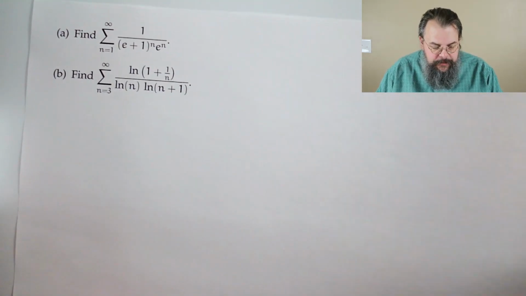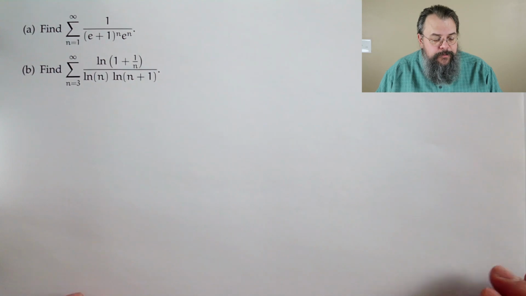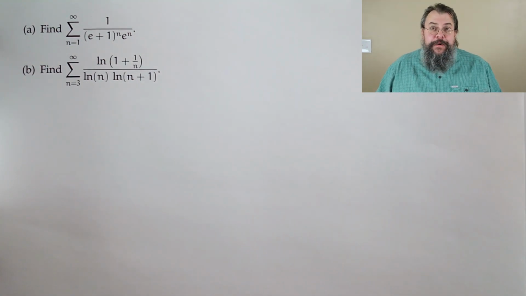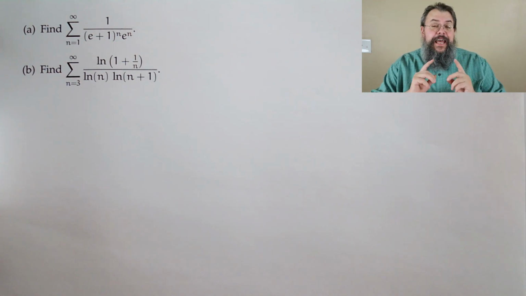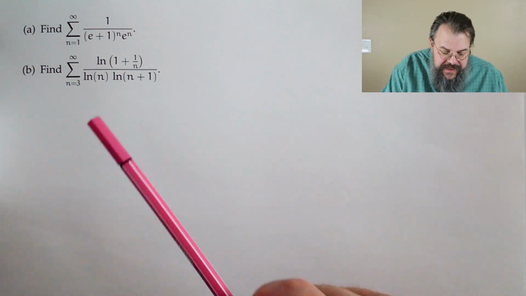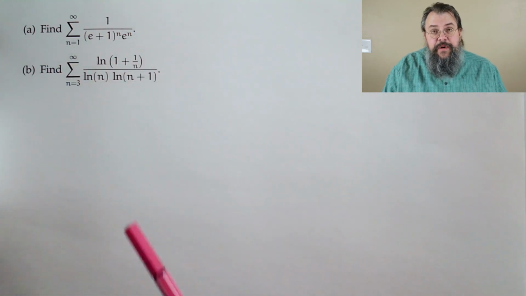Okay, well, let's take a look at the next one. Find the sum from 1 to infinity of 1 over (e plus 1) to the n times e to the n. It's trying to look like it might be partial fractions, but what do we notice? Where does the n show up? You see, it's not down here, it's up in the exponent.